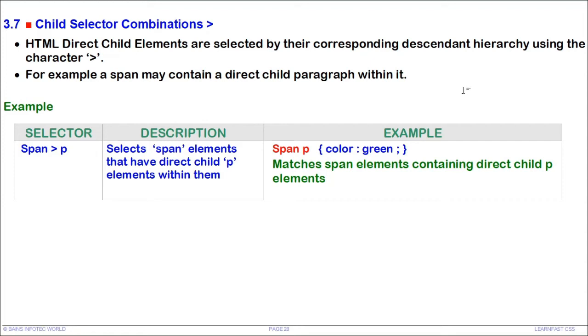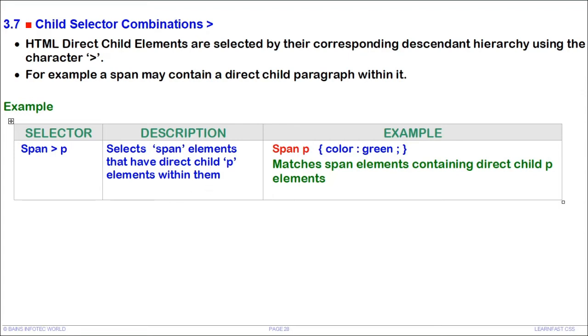So if you're choosing two nested elements, then you can specify that the nested element must be the direct child of the element that you've selected. The way we do this is we say span space greater than sign space P. So span contains paragraph, and the paragraph is the first direct child of it.